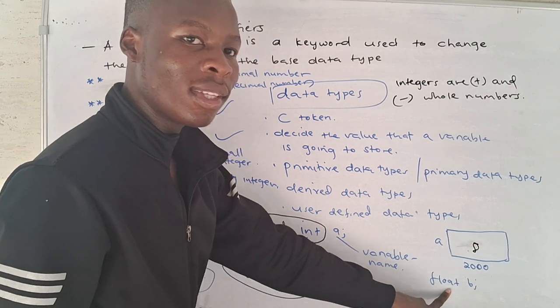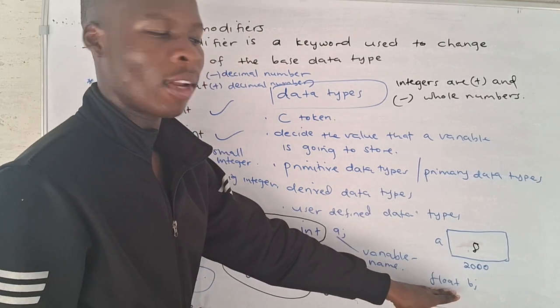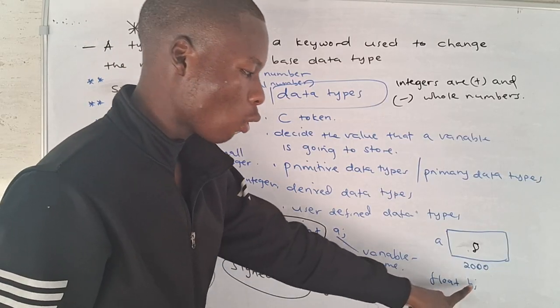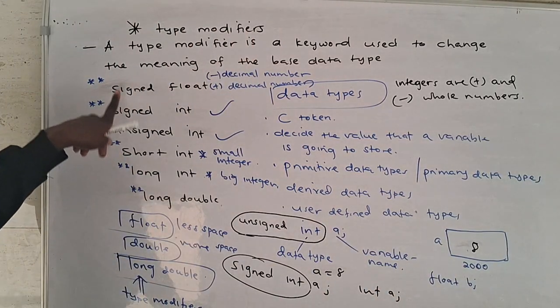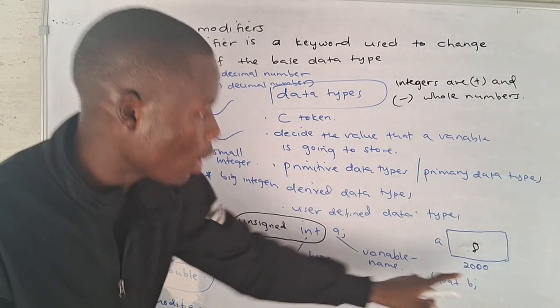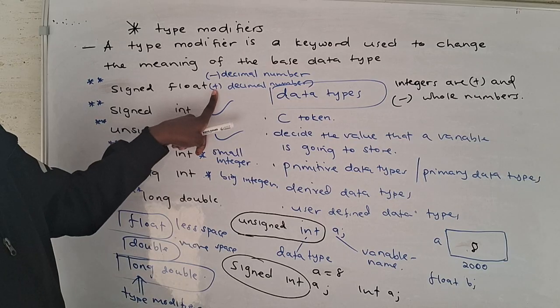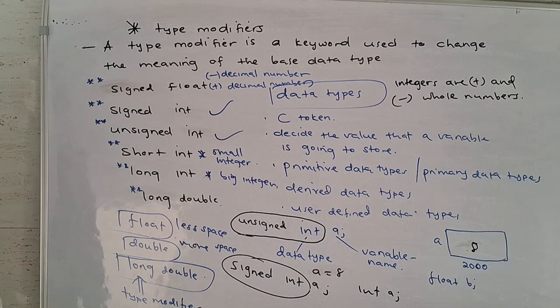By default, this decimal number can be positive or negative. So float B is nothing but the same as signed float B, because signed float B will take both negative and positive decimal numbers. So this is all about type modifiers.